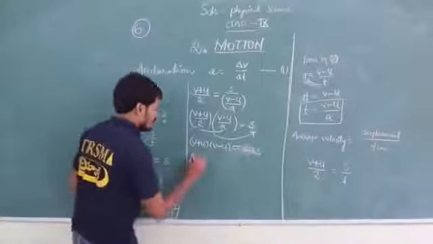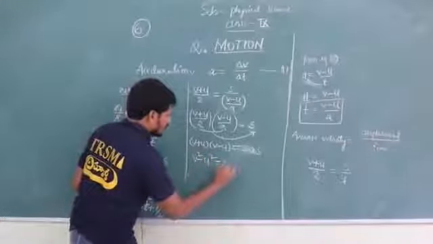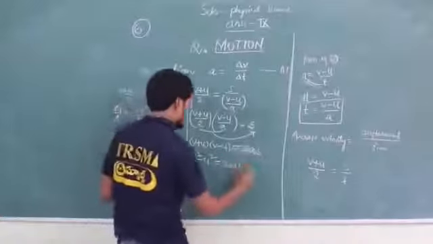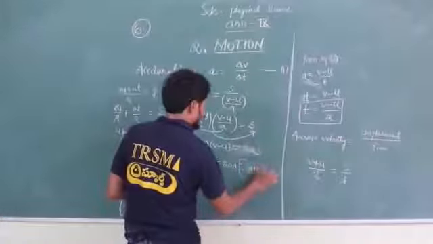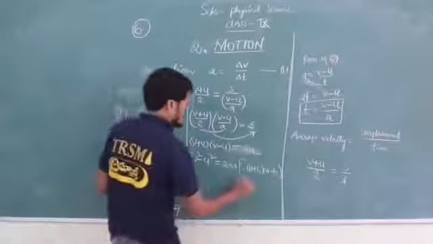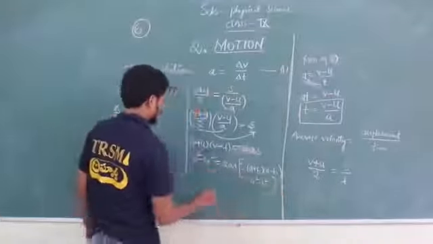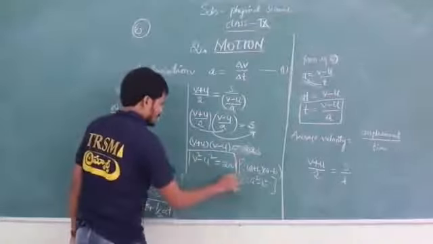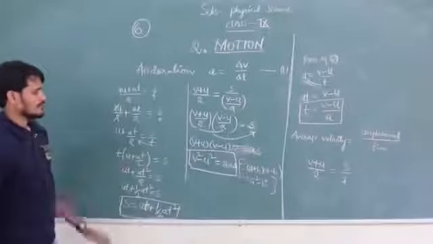What happens? v square minus u square is equal to 2as. How do we know this? (a plus b) into (a minus b) equals a square minus b square. We know this formula. So v square minus u square equals 2as.